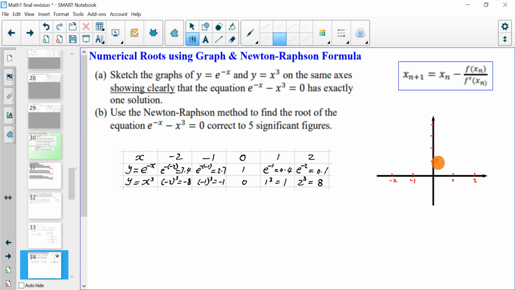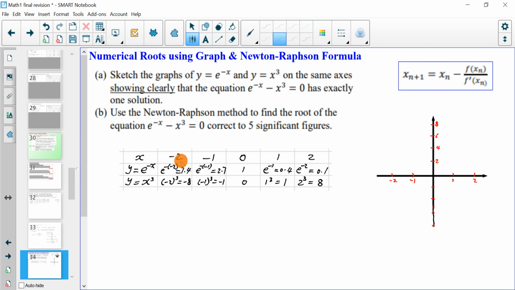So it's a sketch. It doesn't have to be super exact, but you kind of need to know about where the different points are. So you want to have a reasonable representation of what the graph looks like, but it doesn't have to be graph paper level accuracy.